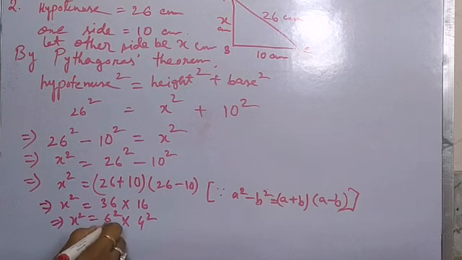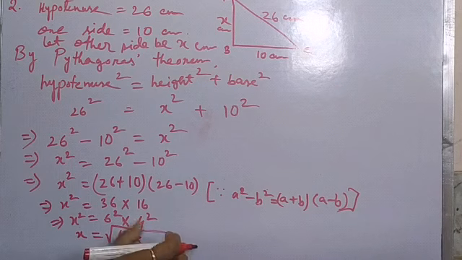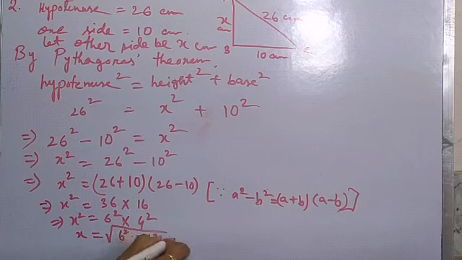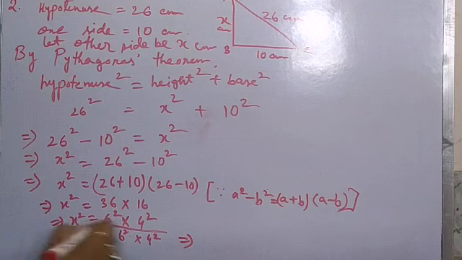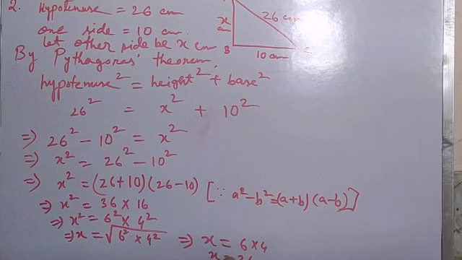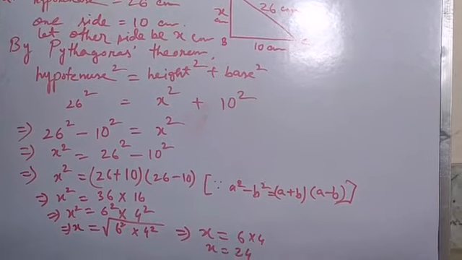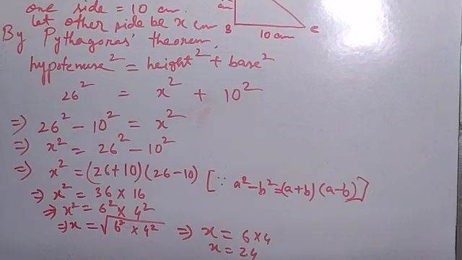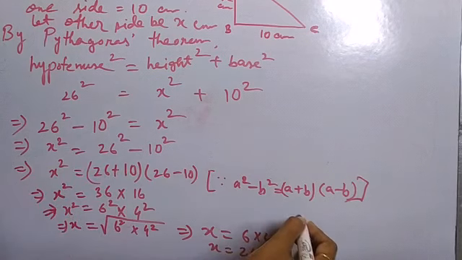X equal to root over of 6 square into 4 square. So implies x equal to 6 into 4. So x equal to 24. So here the other side is 24 centimeter.